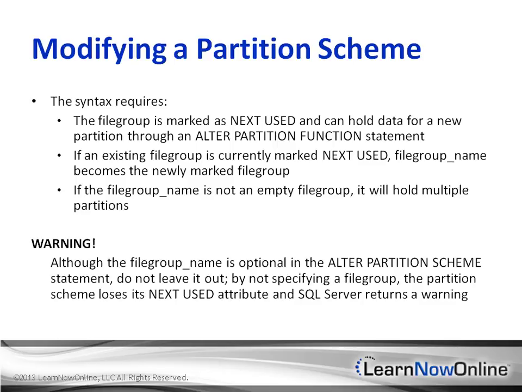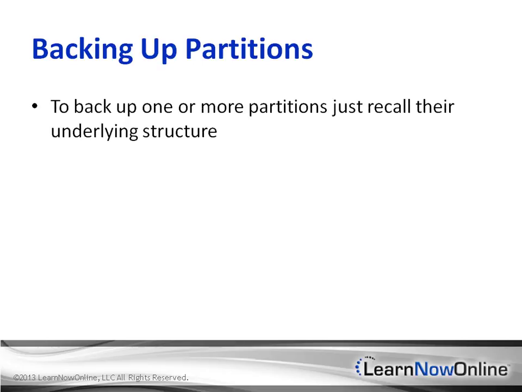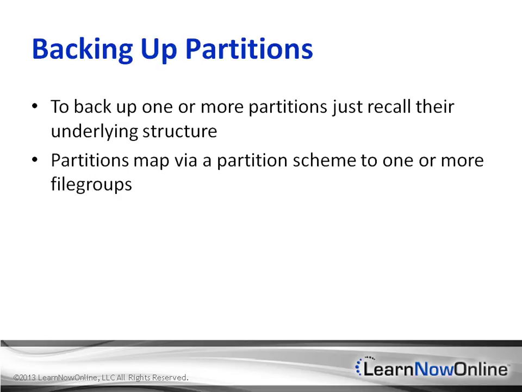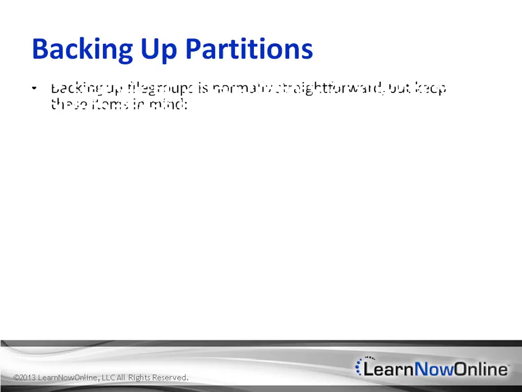So now let's talk about some maintenance tasks, specifically backing up partitions. If you want to back up one or more partitions, all you need to do is recall their underlying structure. Partitions will map through a partition scheme to one or more file groups. So backing up partitions really means just backing up one or more file groups.